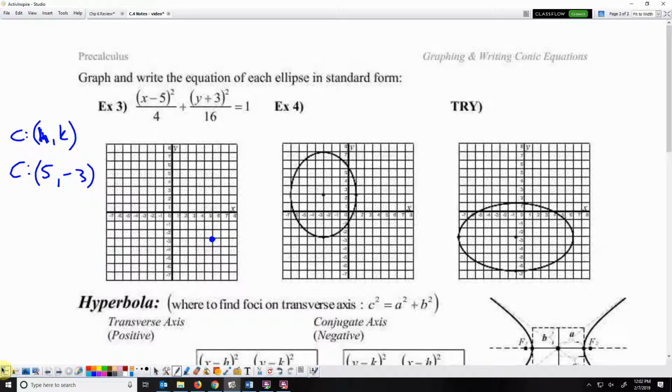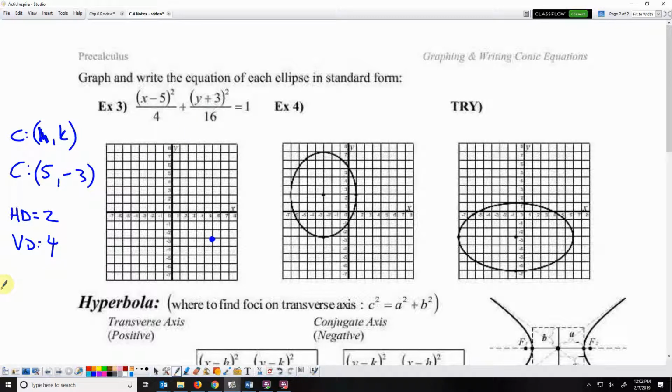Okay, then it has a horizontal stretch. Down here is 4, but remember in the equation it said a squared. So that means the horizontal stretch, or the horizontal dilation, which is another word for that and one we actually use more often, so I'm going to put a D. The horizontal dilation is the square root of 4, which is 2, and the vertical dilation is the square root of 16, which is 4.